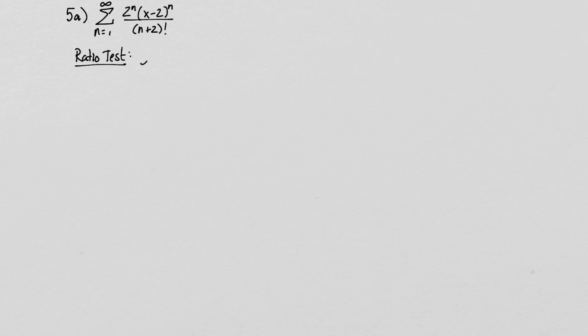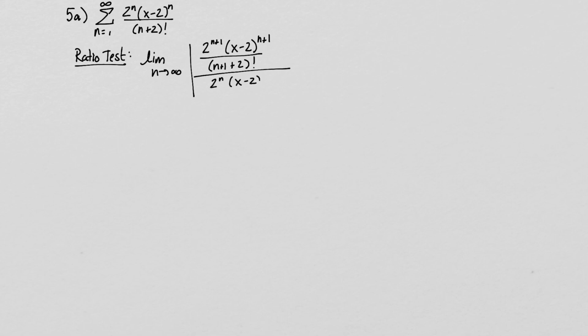The ratio test says take the limit as n approaches infinity of the absolute value of the n plus first term, 2 to the n plus 1, x minus 2 to the n plus 1, over n plus 1 plus 2 factorial, all divided by the nth term, 2 to the n, x minus 2 to the n, all over n plus 2 factorial.